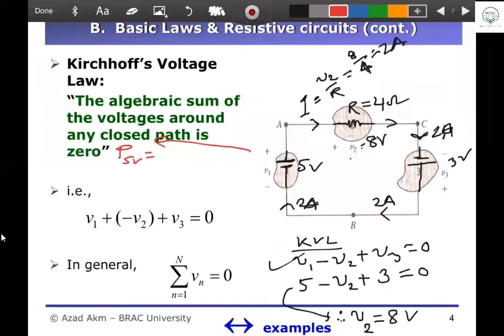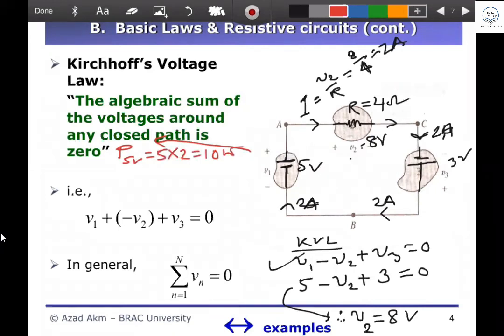First battery, what is the power? 10 watt. How did you get it? 5 into 2. I into E means 5 into 2. You got 10 watt. Good.